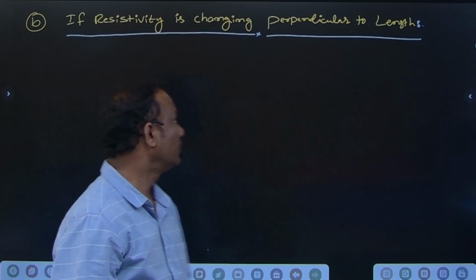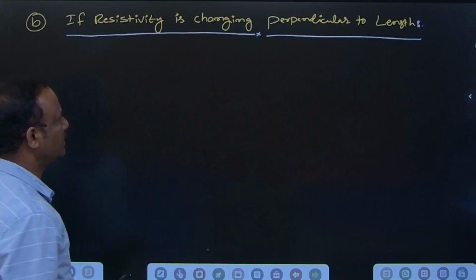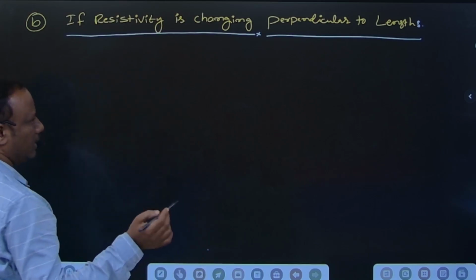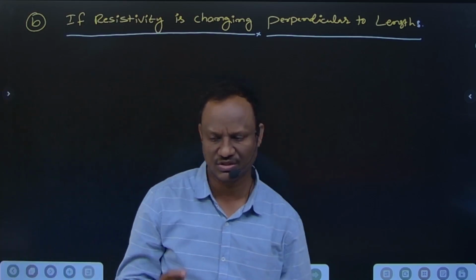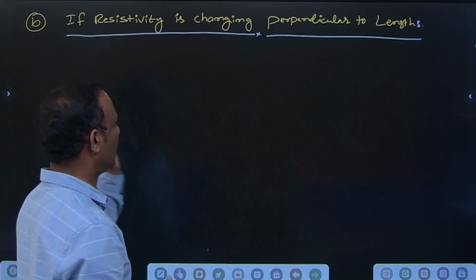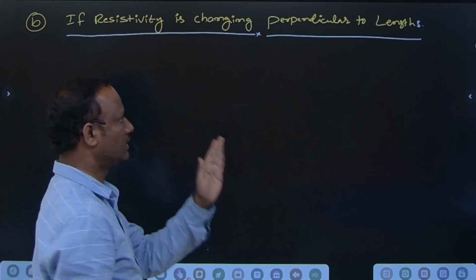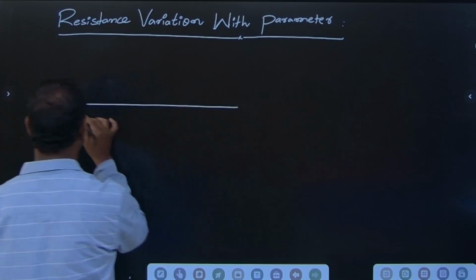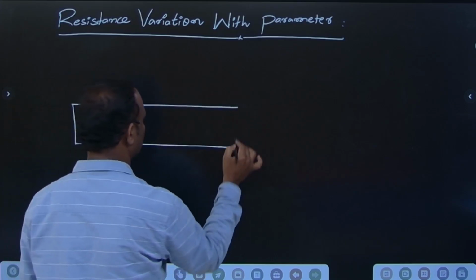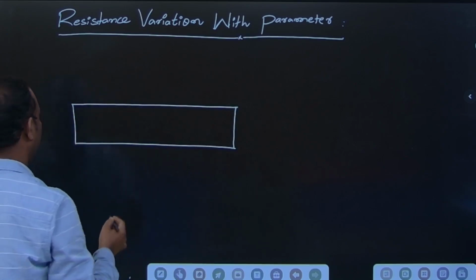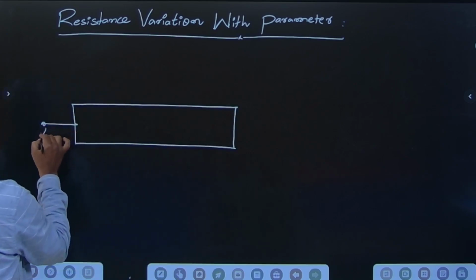So here, if resistivity is changing perpendicular to length. In the previous slide we discussed resistivity changing parallel to its length, along its length. Now perpendicular to its length. This is the conductor, and there are two terminals, positive and negative.